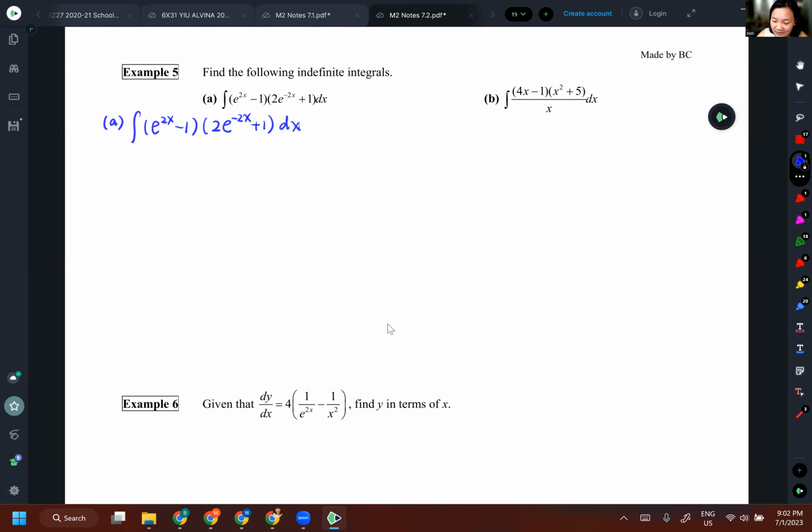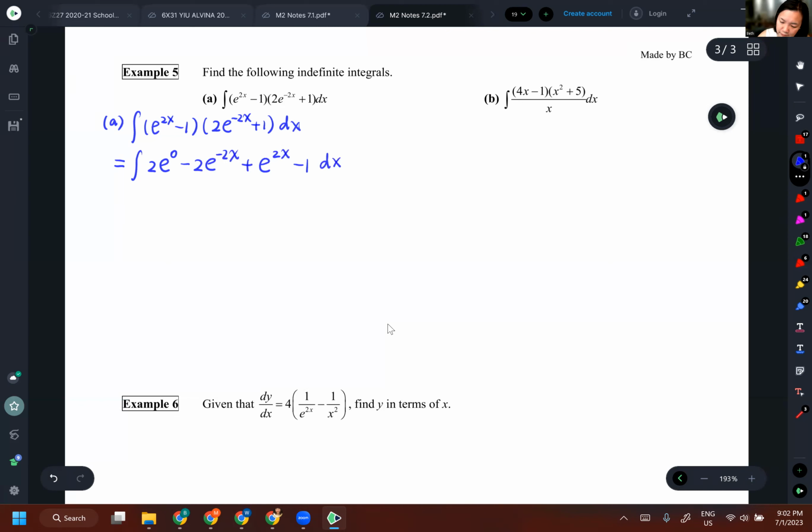So what you can do is to expand. I will simplify.